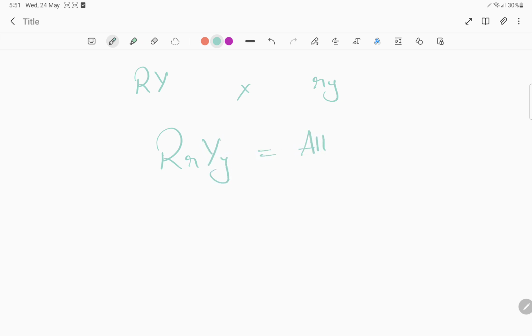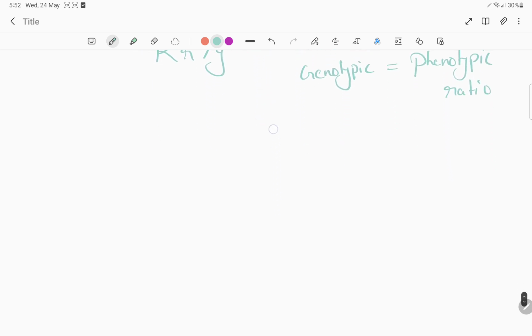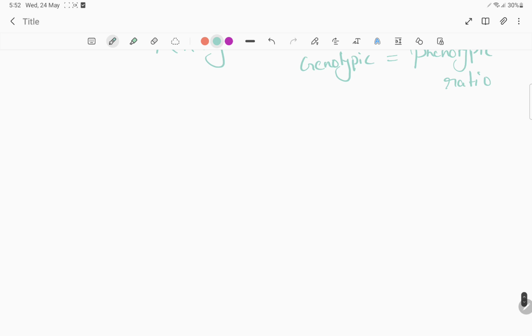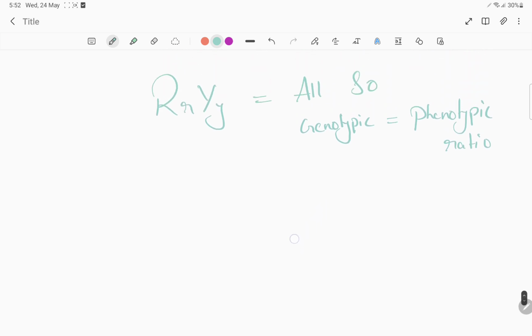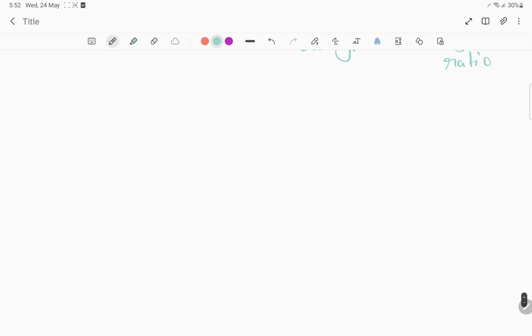So the genotypic ratio is equal to the phenotypic ratio. From this dihybrid cross, Mendel gave the concept of the law of independent assortment. Let's see the cross.